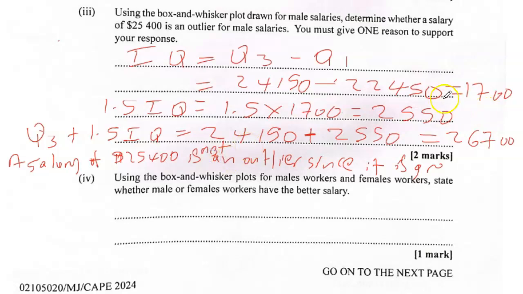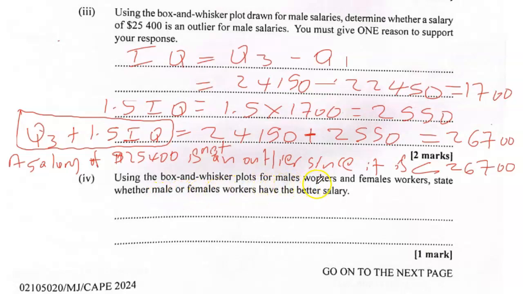For it to be an outlier, it has to be greater than this value, Q3 plus 1.5 IQR. So since it is less than, well, let's use the symbol, less than 26,700.